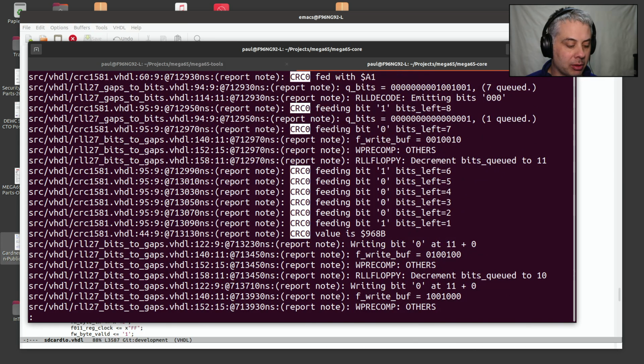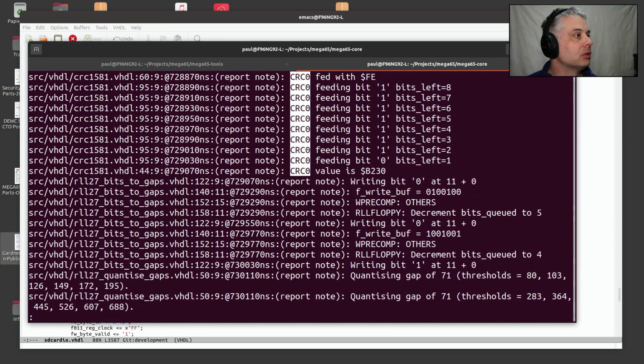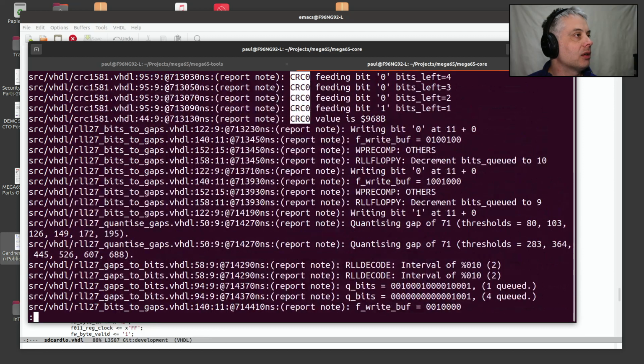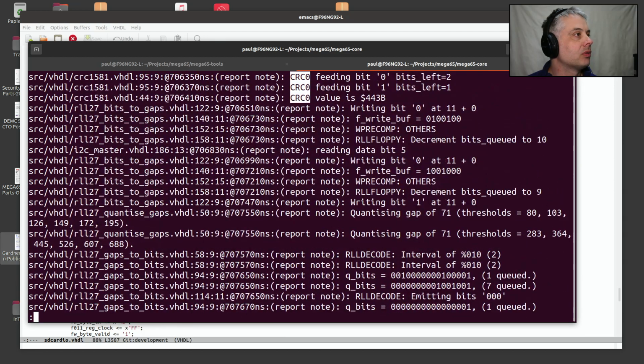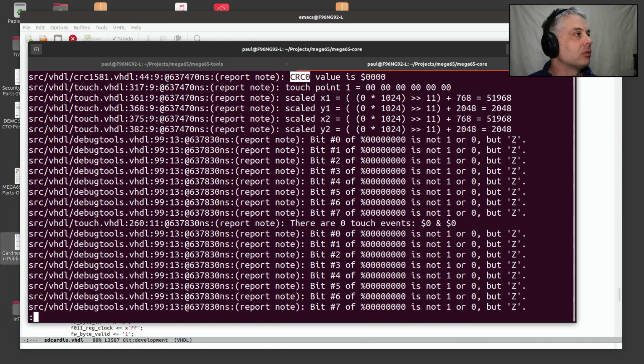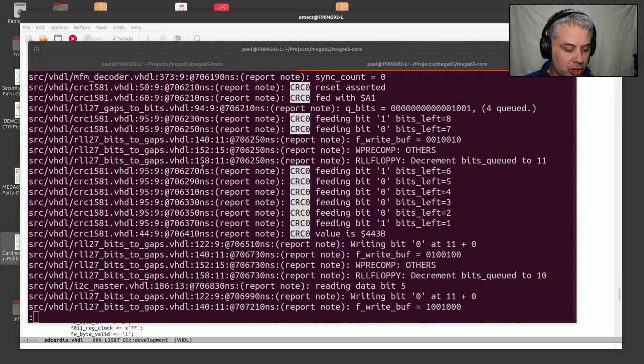We're going to have to write these down in a minute so we can actually compare what we're getting after each byte. A1, 968B. A1 again, CDB4. So, you know, something fishy there. Ready, I think. So we've reset it and fed it with the new byte at the same time. Okay, I'm going to have to chart these.